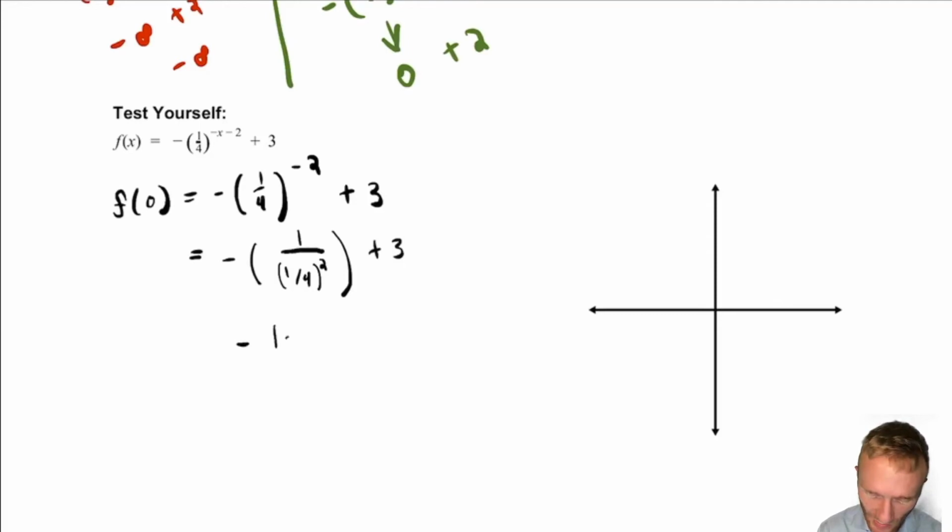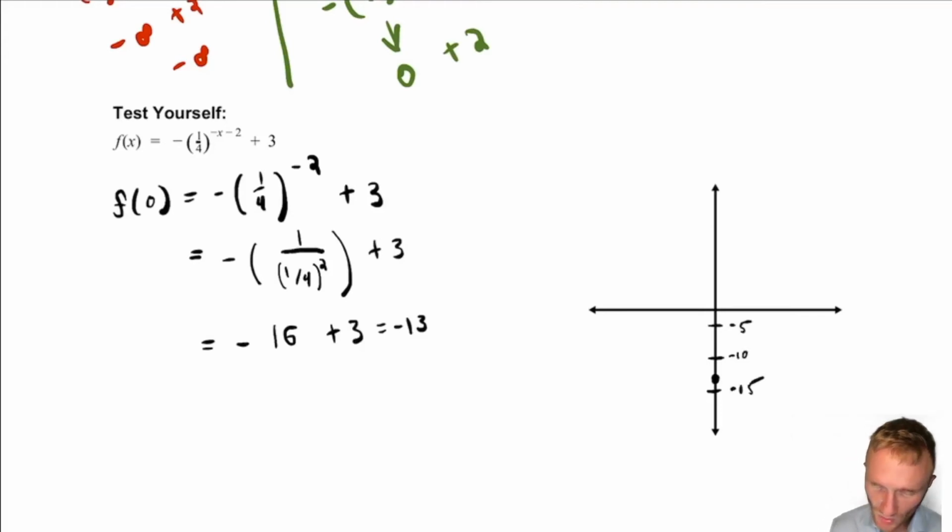So that's going to be negative 16 plus 3. That's going to be negative 13. So I'm going to maybe go by like 5s here. 5, 10, 15, and we'll say right there, this is negative 5, negative 10, negative 15. So when we plug in 0, we have negative 1/4 to the negative second, ends up being negative 16. Plus 3 is negative 13.